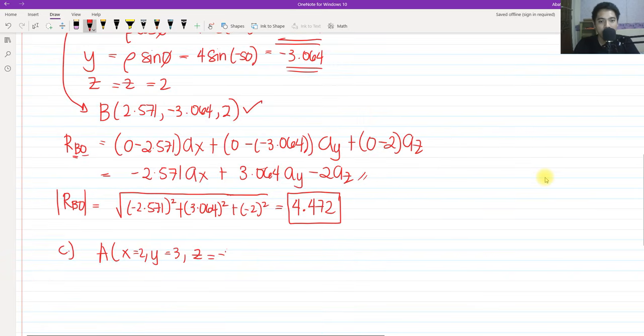That is negative 1. And point B, in rectangular, is 2.571, negative 3.064, and 2. So the distance from A to B is actually what?